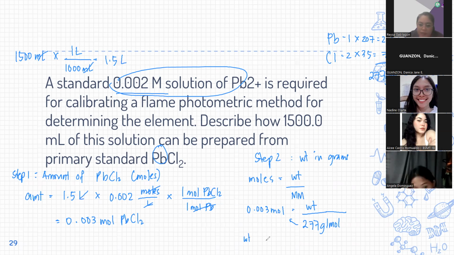This is weight is equal to 0.003 mole times the 277 grams per mole. Cancel the mole, plus the weight here is 0.003 times 277 is 0.831 grams of lead chloride. Okay? So this is the correct answer.